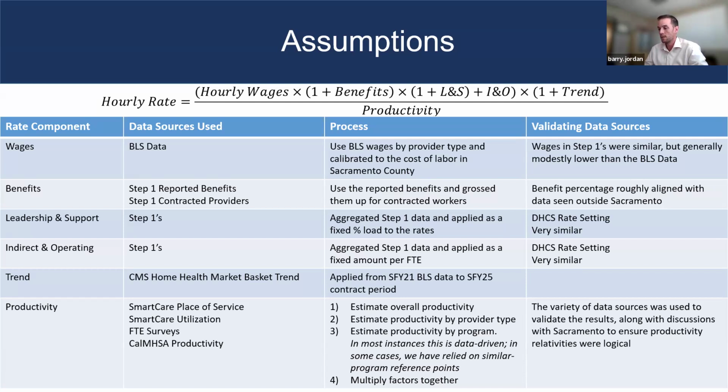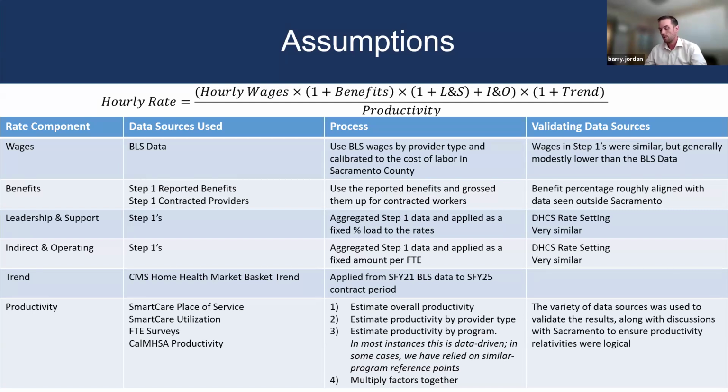And in most instances, we were able to look at this on a data-driven basis. In some cases, we've relied on similar program reference points, particularly in cases where the results maybe were unintuitive based on what the data showed or were for programs or providers that had lower volume.